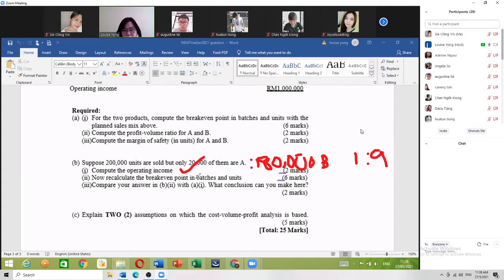And then you need to recalculate your break-even point in batches and units. And then compare your answer here.